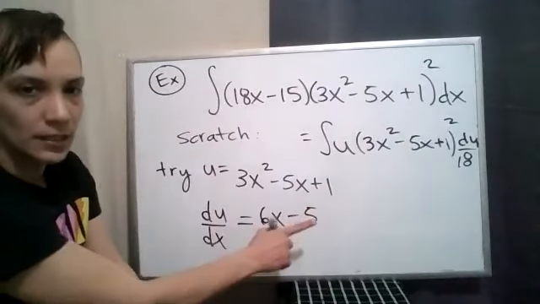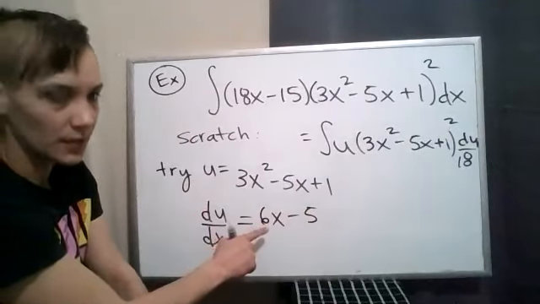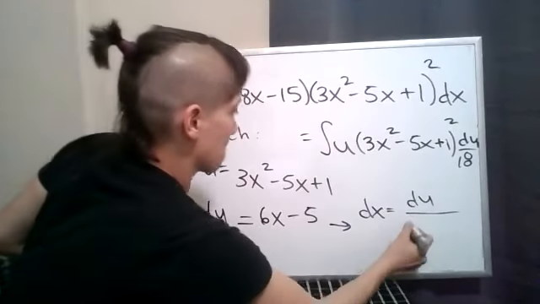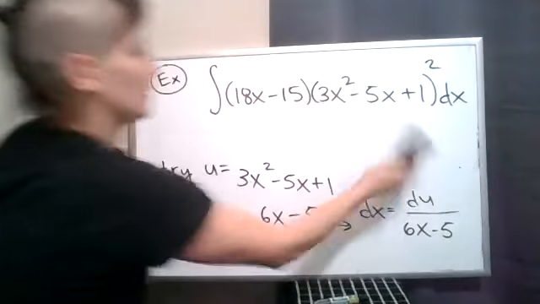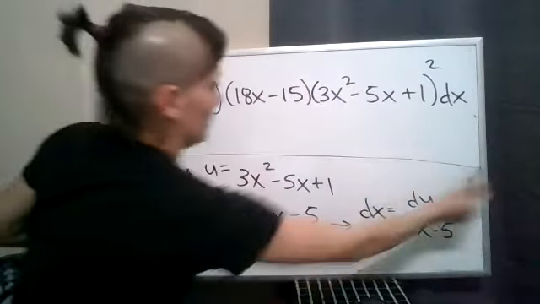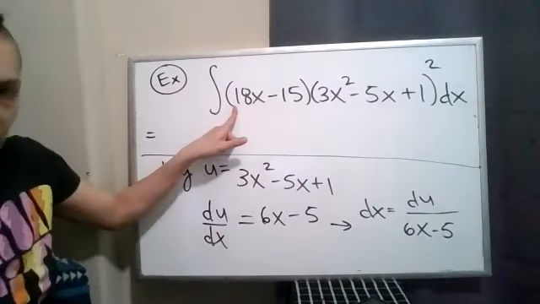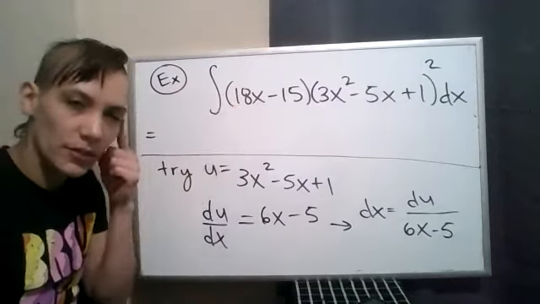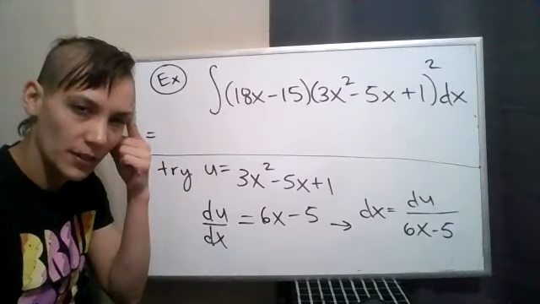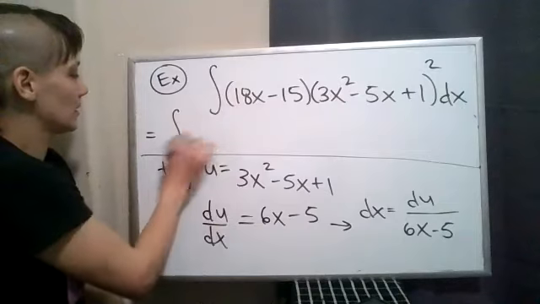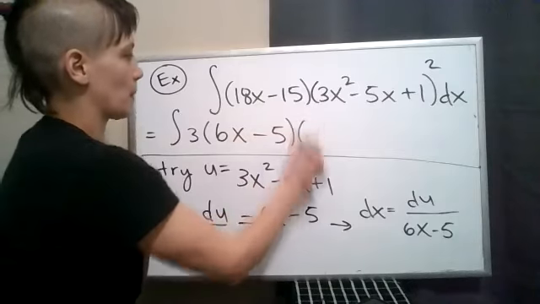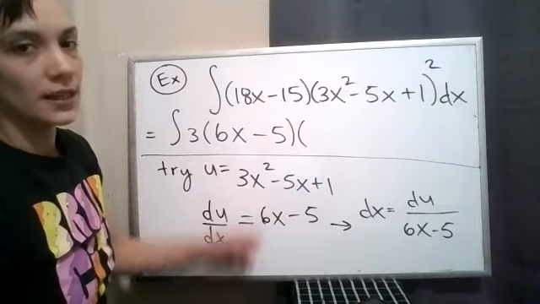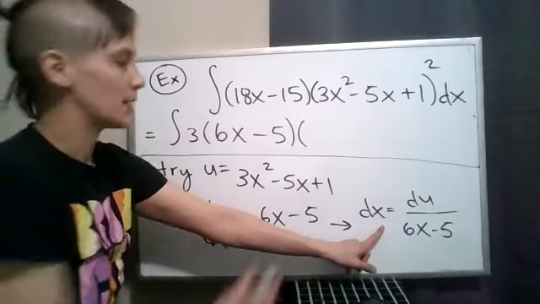So dx is equal to du over 6x minus 5. What we're going to do is factor that first part. So we want to factor out 3. Should be 3 times 6x minus 5 times u times du over 6x minus 5.